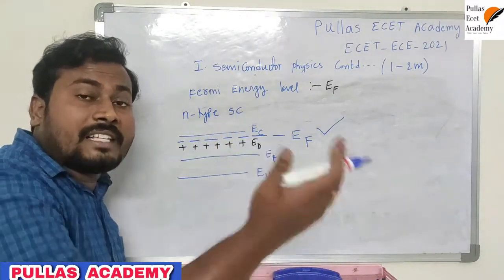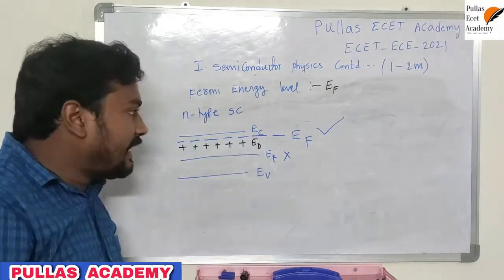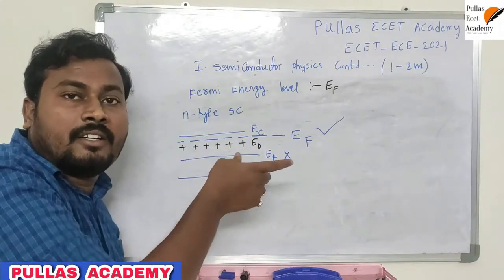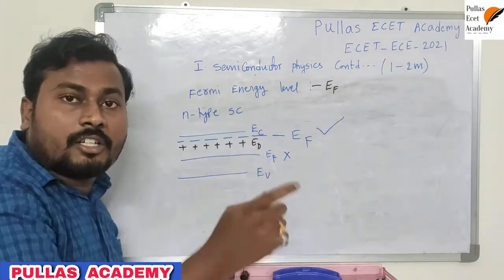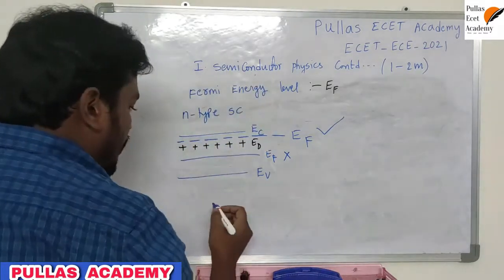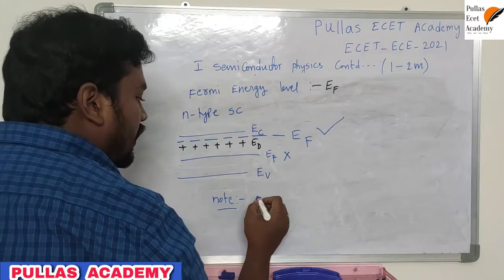There is a chance of asking this type of question. How can they ask? In an n-type semiconductor, where does the Fermi level lie? In an n-type semiconductor, the Fermi level lies close to the conduction band. Let me write an important note here.